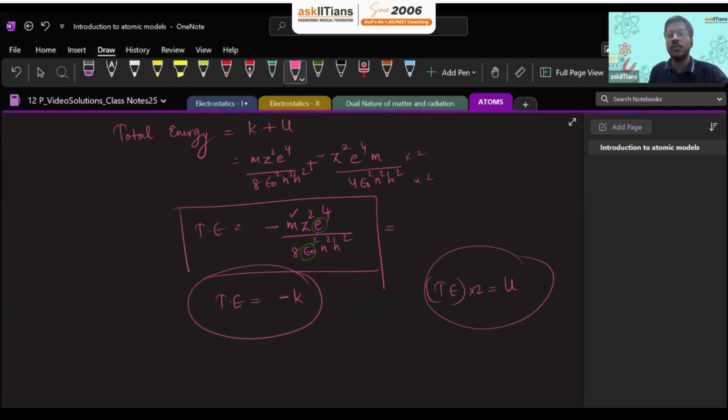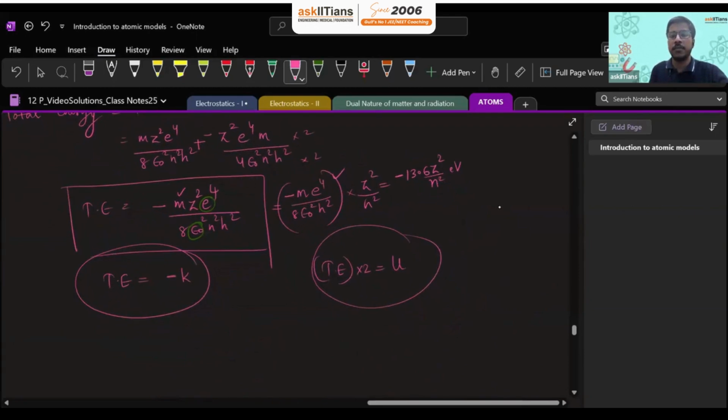So what is not having a known value here? What is a variable here is simply, if you take minus m e raised to 4 by 8 epsilon naught square h square as separate and z square by n square as separate, if you solve it, you will get this value as 13.6 electron volt. So I can write it as minus 13.6 z square by n square electron volt.